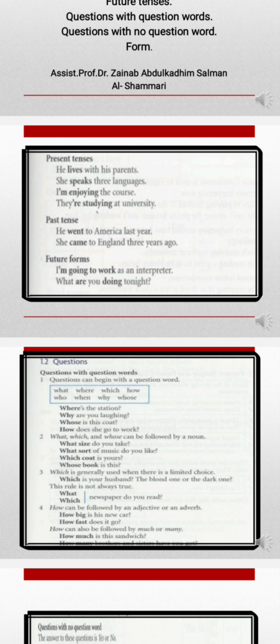For example, he went to America last year. She came to England 3 years ago. Future forms. For example, I'm going to work as an interpreter. What are you doing tonight?